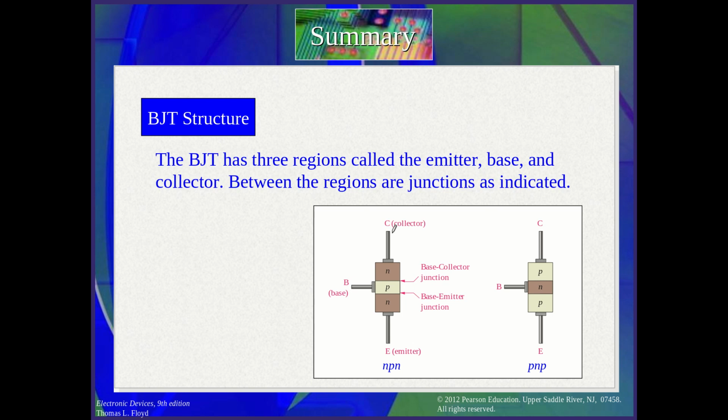In this NPN transistor, the current comes from the collector and from the base, and we have IE equal to IC plus IB. IB is normally a very small current, but this is the normal equation.